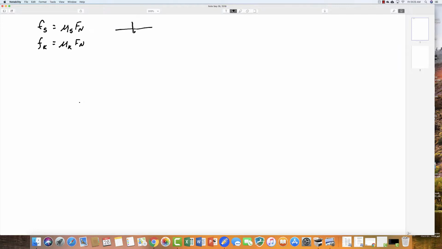Now, in order to do this, you have to know that the normal is the force that is perpendicular to the surface. So regardless of the slant of the surface, the normal is always perpendicular. If you're on a slant, weight is straight down toward the earth, but the normal is always perpendicular.